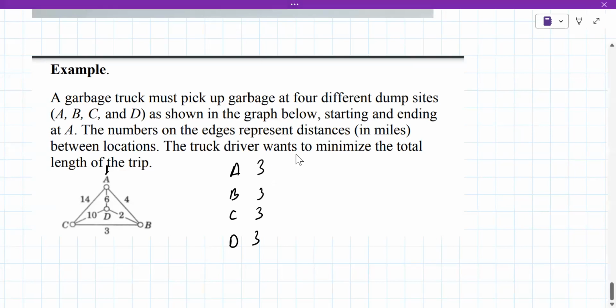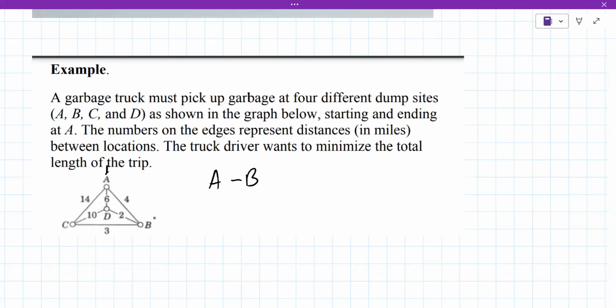I take that back. If you start at A, you have to decide which path you're going down. And to do that, you choose the minimal weight. So for example, if you start at A, you can either go down to C, down to D, or down to B. But you would choose B because it's the least. Does that make sense?